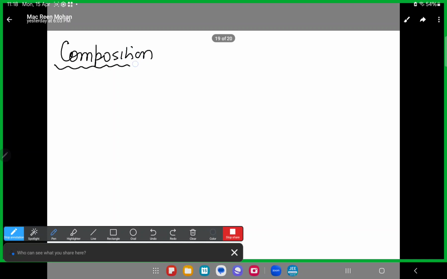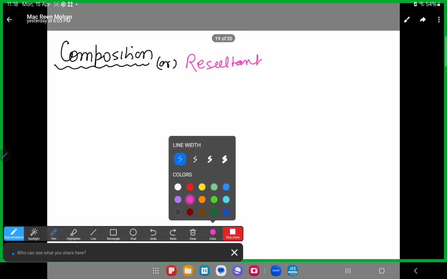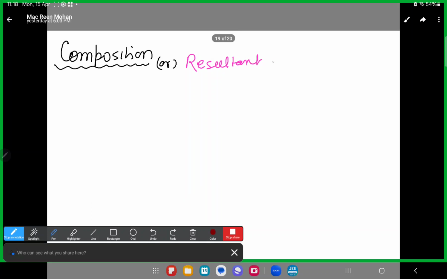If the word composition is there, or resultant, or addition, all convey the same meaning.